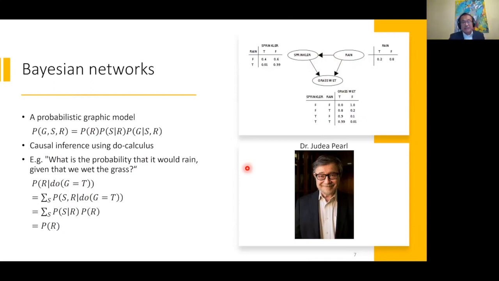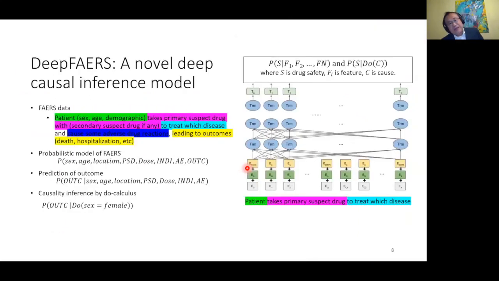So for this reason, we developed a novel approach. We call it DeepFAERS, which is a novel deep learning methodology applied to causal inference. This is novel because deep learning has been so successful, mostly for predictive models or predictions, as well as learning tasks in machine learning.